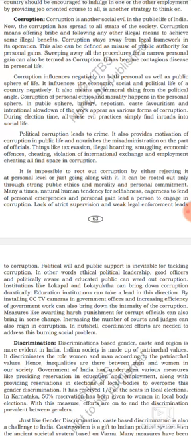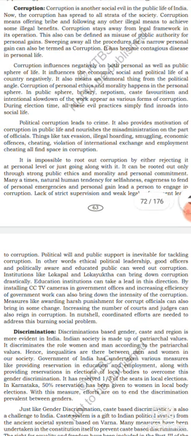Measures like awarding harsh punishment for corrupt officials can also bring in some change. Increasing the number of courts and judges can also help reduce corruption. Got it? In a nutshell, coordinated efforts are needed to address this burning social problem.